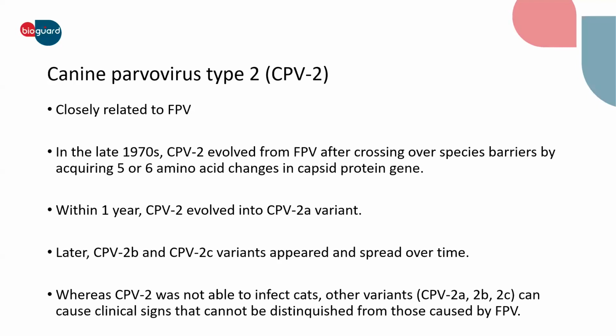In the late 1970s, the CPV2 evolved from the FPV after crossing over the species barrier. Then within a year, it evolved into the CPV2A variant, and later came the CPV2B and CPV2C. Nowadays, it's hardly ever the original CPV2. It's always the CPV2A, 2B, or 2C around the world.